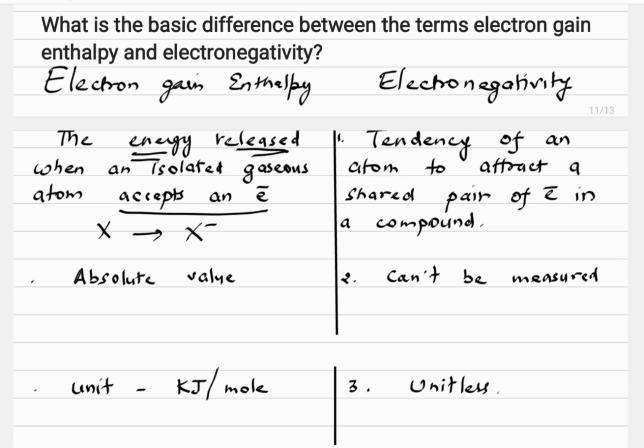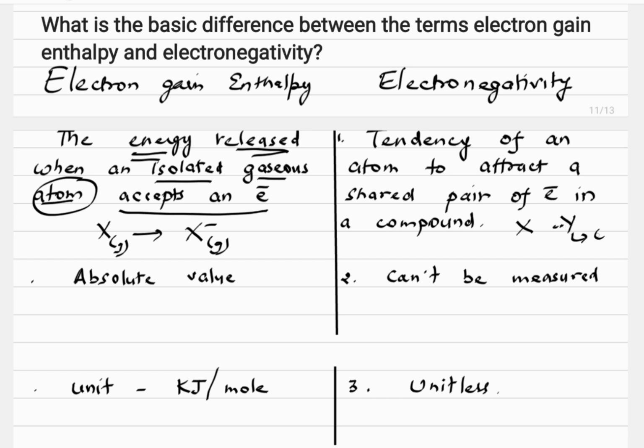But when we talk about electronegativity, it's only a tendency of an atom to attract a shared pair of electrons in a compound. So if you have X and Y, first of all, in electron gain enthalpy, we were talking about an isolated gaseous atom, one atom. Okay, and here in electronegativity, we are talking about a compound in which the two atoms are sharing electrons, and the more electronegative element would attract the shared pair of electrons towards itself.